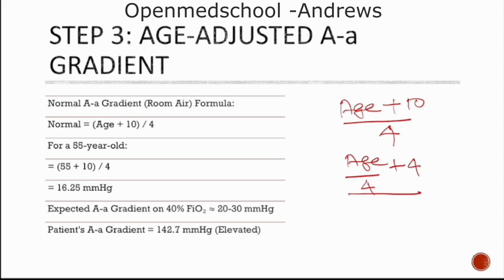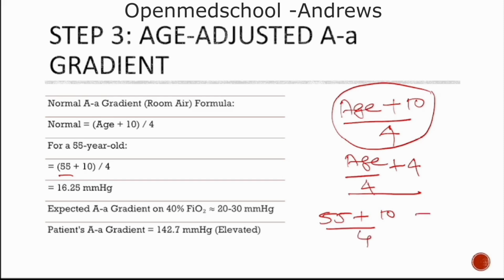Both give approximately the same result, so the easy one to use is age plus 10 divided by 4. In this patient, the age is 55, so 55 plus 10 divided by 4 is around 16 millimeters of mercury.